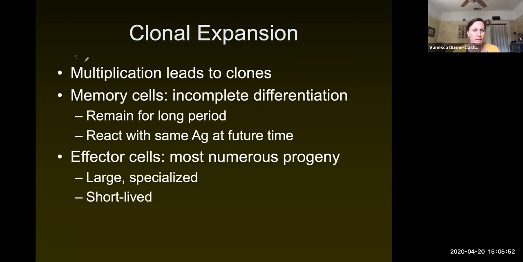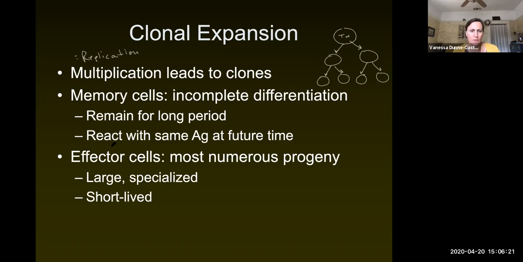Multiplication equals replication of the exact same cell, right? So there's the original activated T helper cell, for example, and it'll divide into making copies of itself. Okay, and the majority of them will be effector cells.